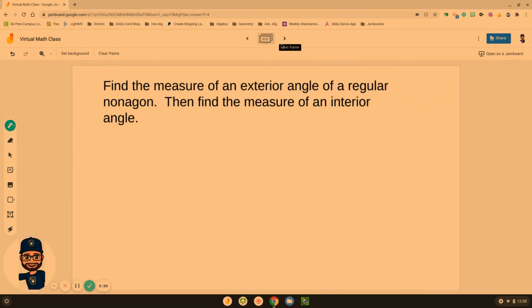Pause the video and see if you can find an exterior angle and an interior angle of a nonagon. All right, so hopefully you took a moment to try that. A nonagon is 9 sides.